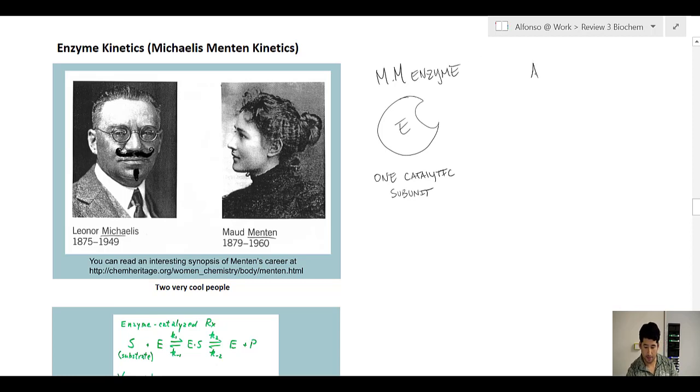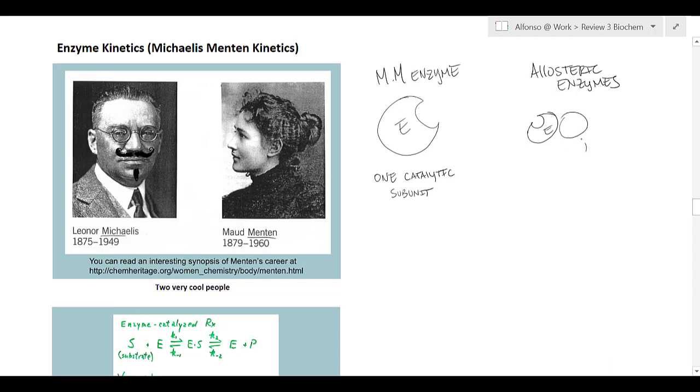And then you're also going to have allosteric enzymes. And what that means is that they have more than one catalytic subunit. So that would look something like this. Okay, so look at this enzyme right here, the one on the right.